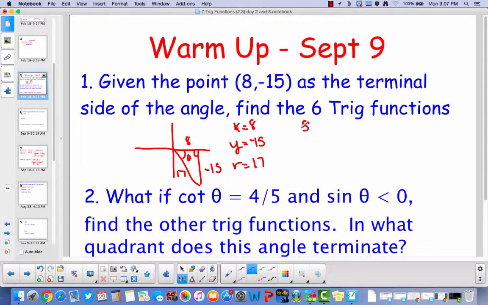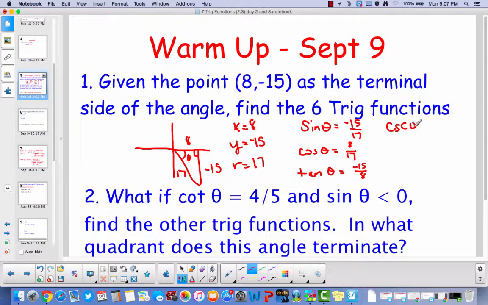So you should note that the sine of theta equals y over r, so negative 15 over 17. Cosine of theta is x over r, so 8 over 17. Tangent of theta is y over x, so negative 15 over 8.